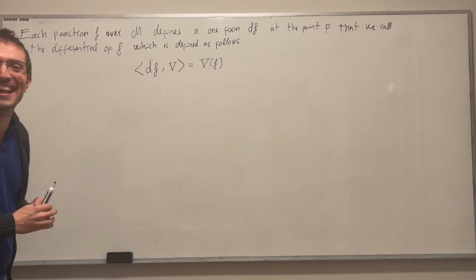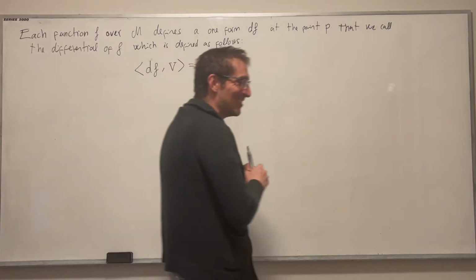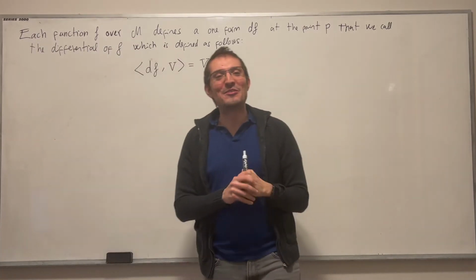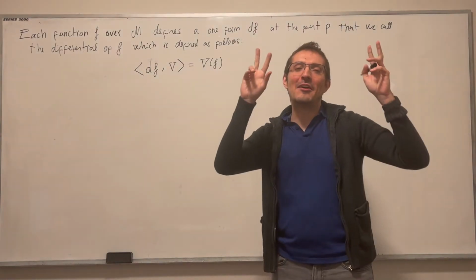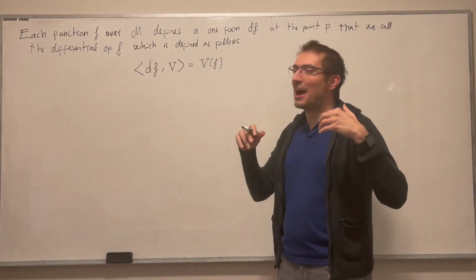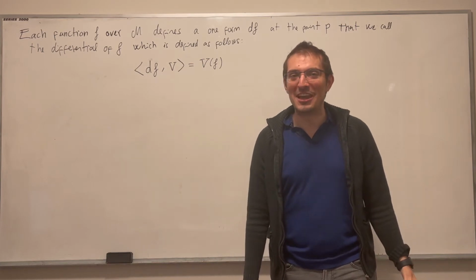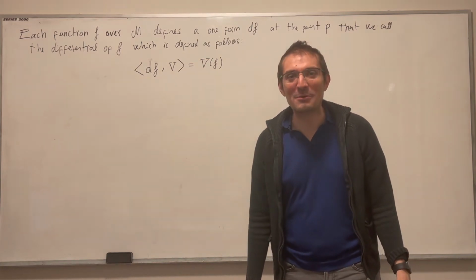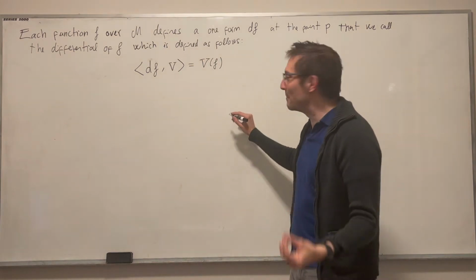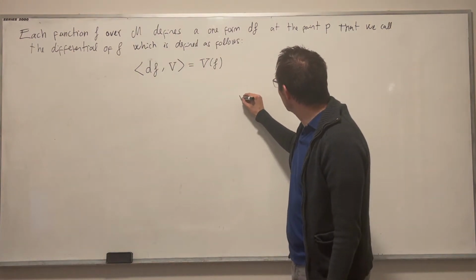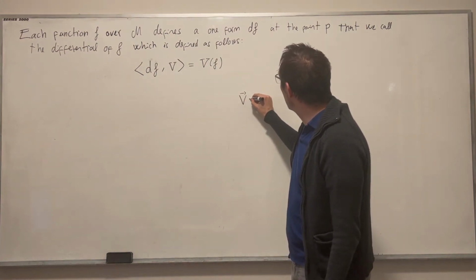Now, what is this? Do you remember from your vector calculus something like a vector that, when you do a scalar multiplication by a vector, you get the directional derivative? Let me tell you what it may remind you of. You had a vector v, and then you wrote a dot product.